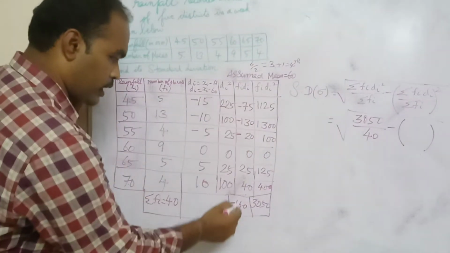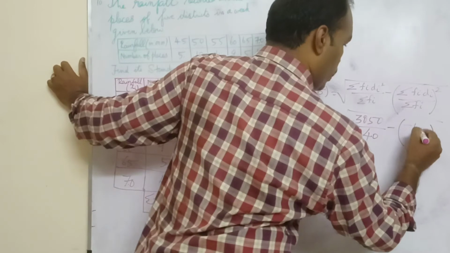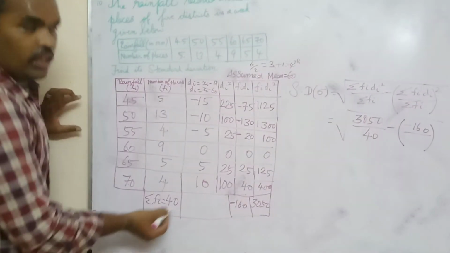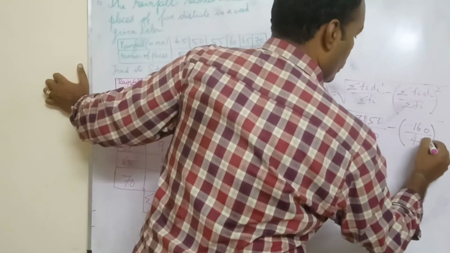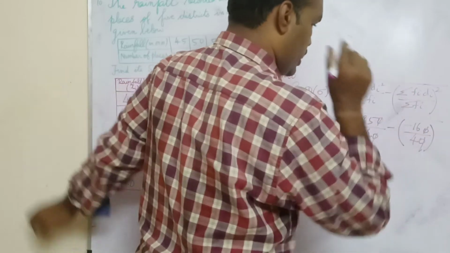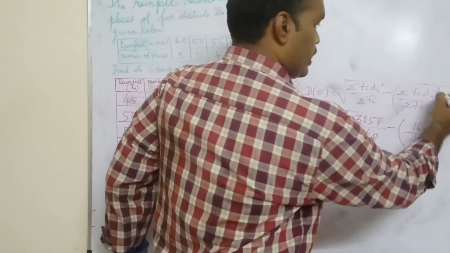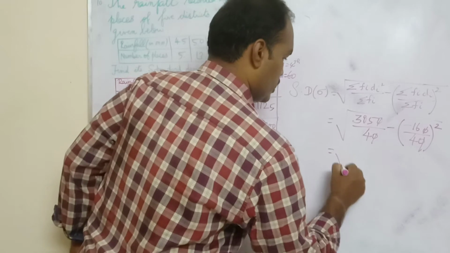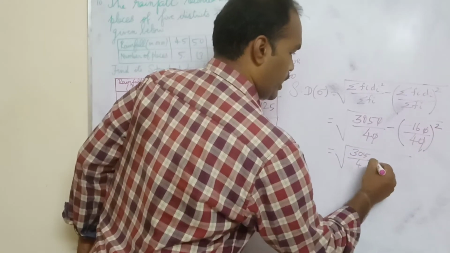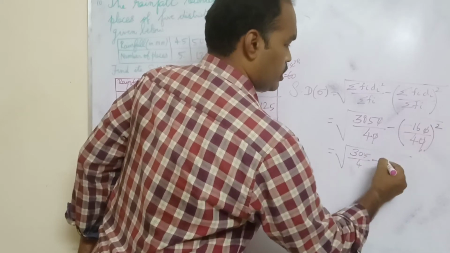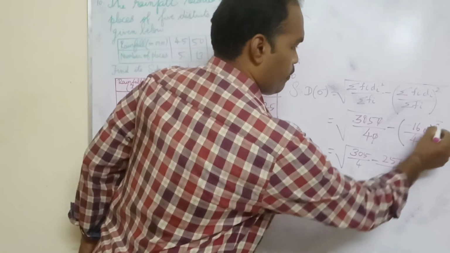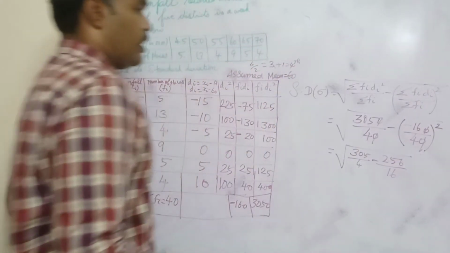Sigma fi di is minus 160, divided by sigma fi, 40. The zeros cancel. So 305 by 4 minus 16 whole square, which is 256, by 4 square, which is 16.